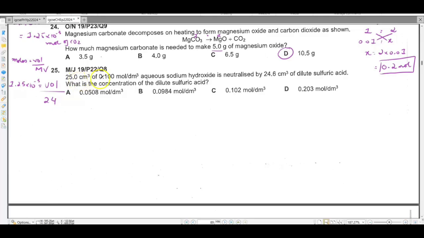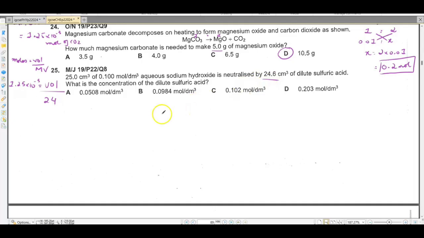Okay, 25 centimeter cubes of 0.100 mole per decimeter cubes aqueous sodium hydroxide is neutralized by 24.6 centimeter cubes of dilute sulfuric acid. What is the concentration of dilute sulfuric acid? Okay, the concentration of dilute sulfuric acid we need to find, and we just have its volume, we don't have its concentration.